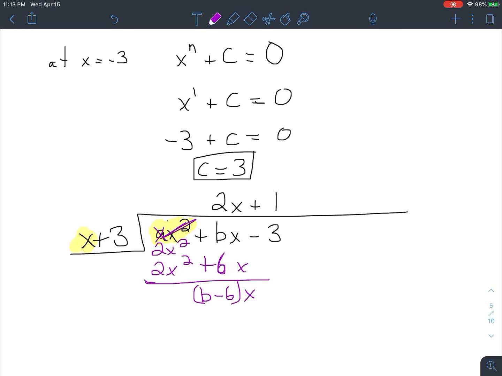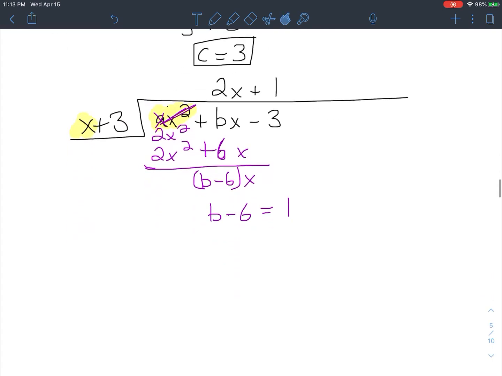Now we divide by x again and get 1. So b minus 6 must also be 1. So b equals 1 plus 6, which is 7.